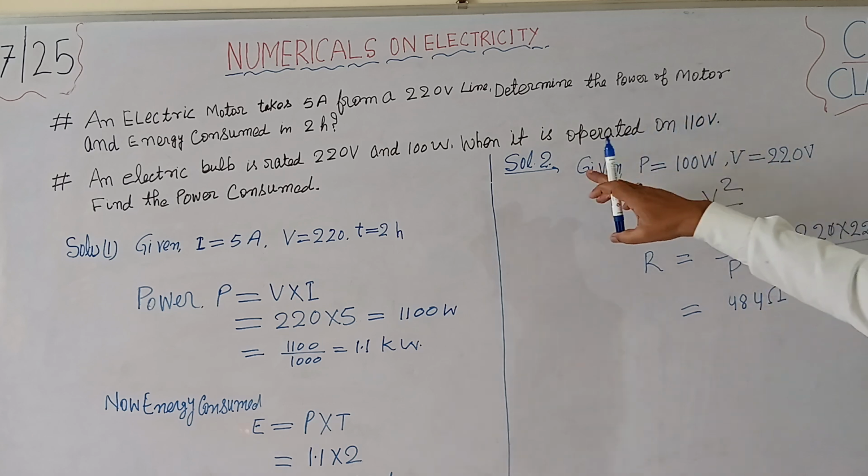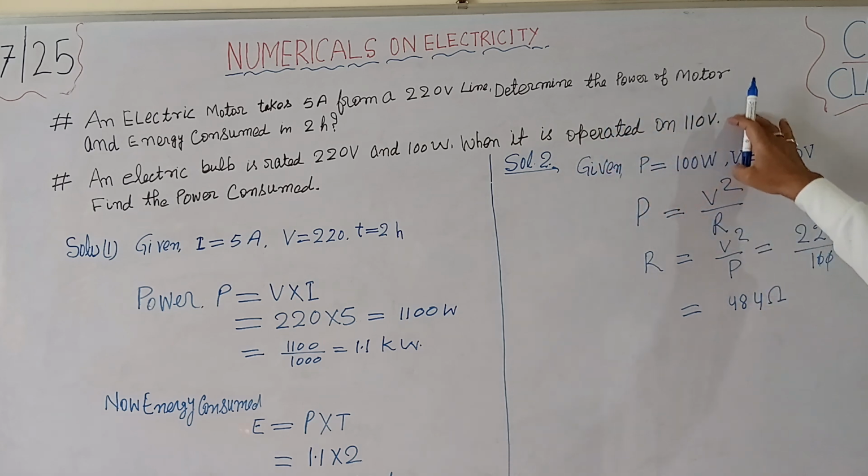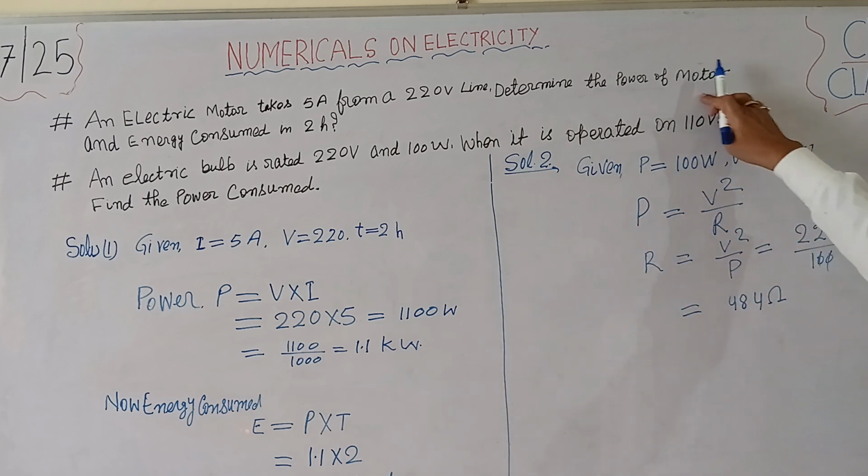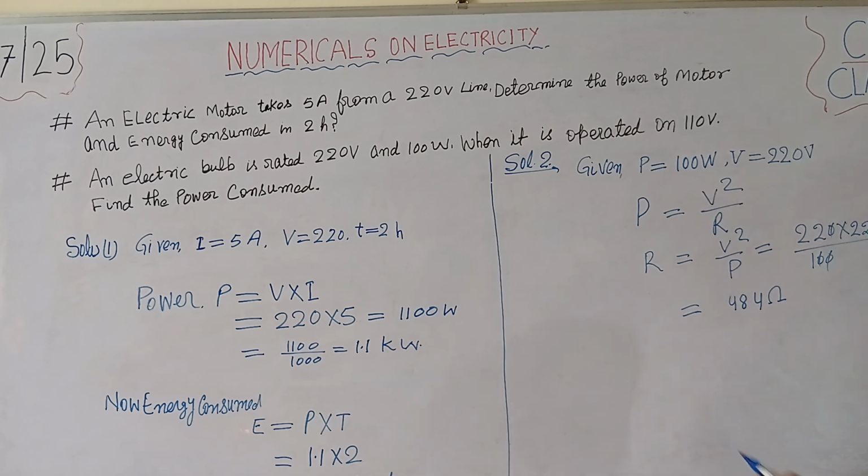Now we will go for the calculation of the power that is consumed when it is connected to 110 volt. Now the voltage has been reduced. So let us see what happens.